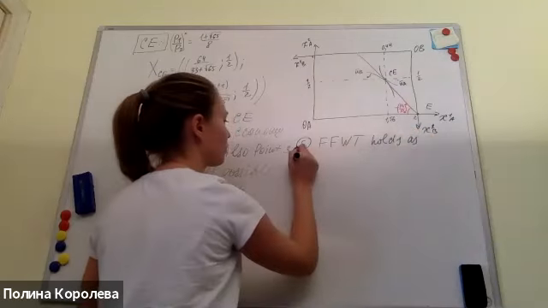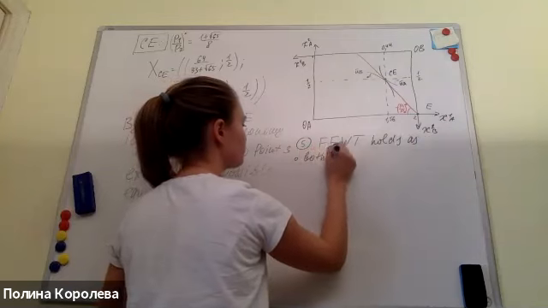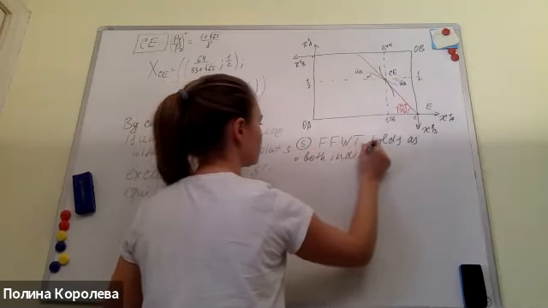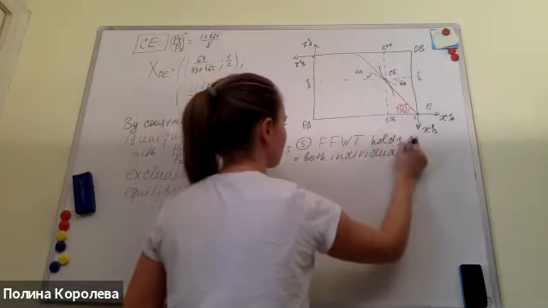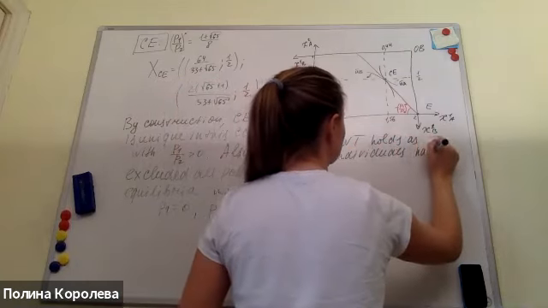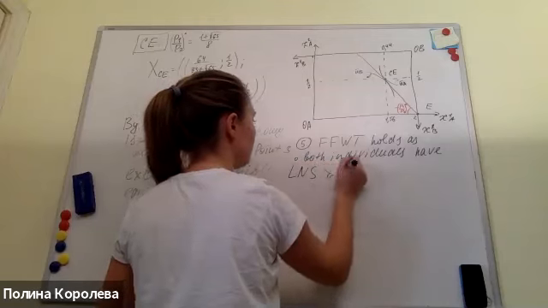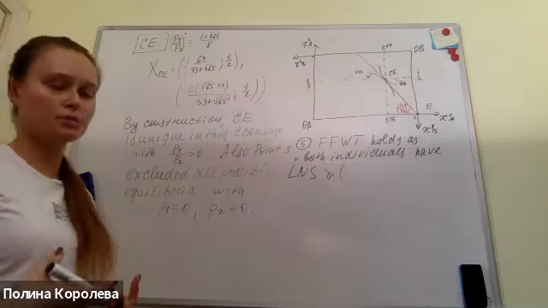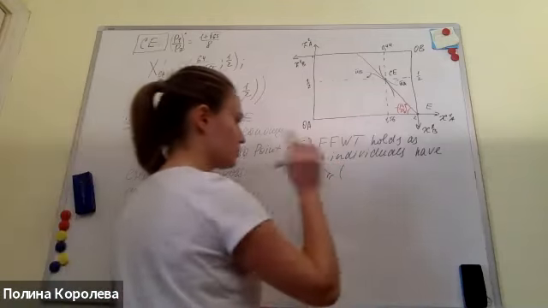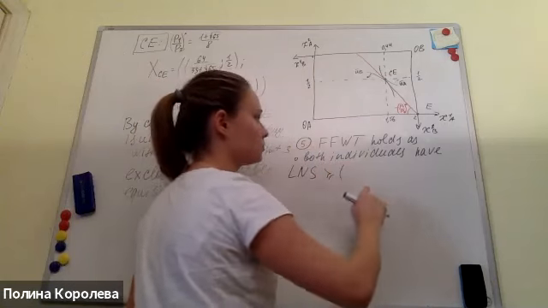as both individuals have locally non-satiated preferences. Why? Because they have monotonic preferences. More is better. You should explain it.